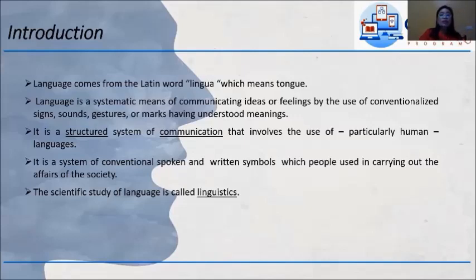Now, if you want to study different languages, you have to study linguistics. The scientific study of language is called linguistics.